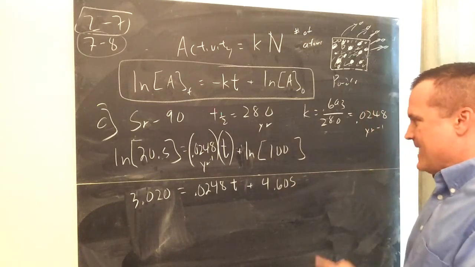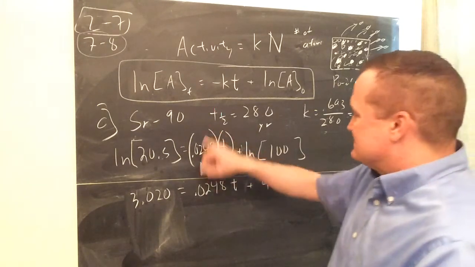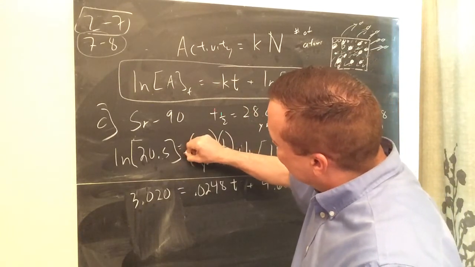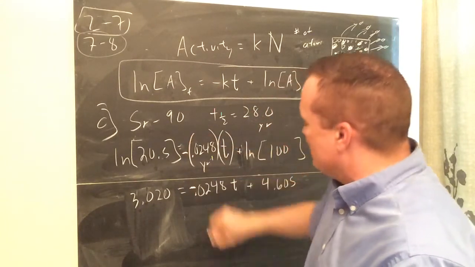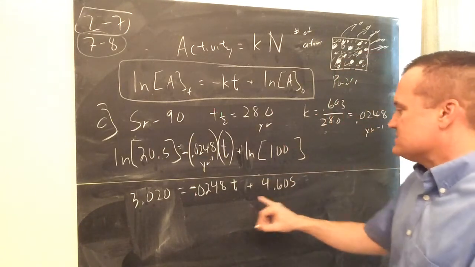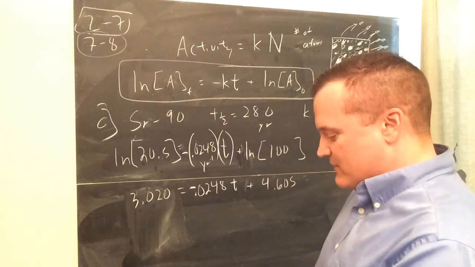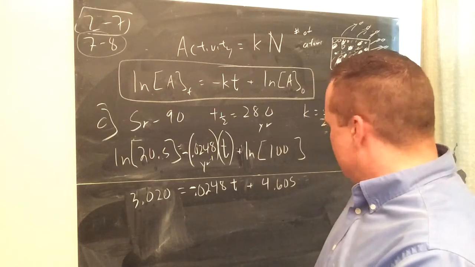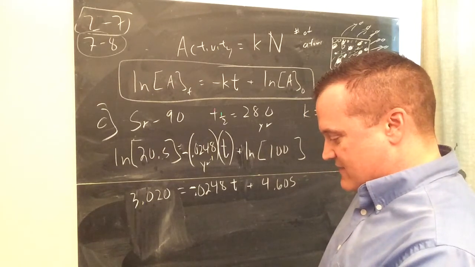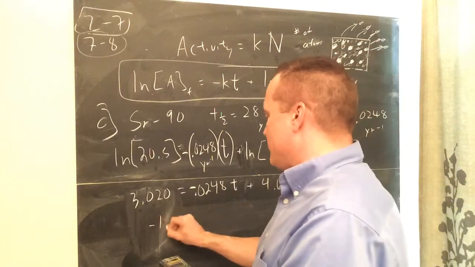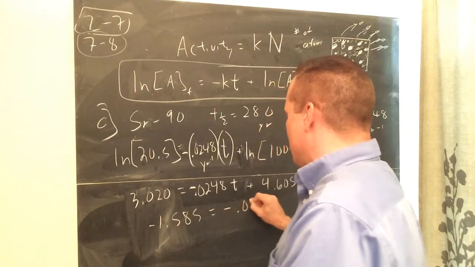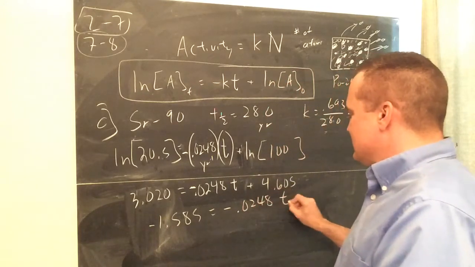Okay, now, by the way, in my equation, that's negative. I don't want to mess myself up. Negative 0.0248t equals that. So now I'll subtract 4.605 from both sides. 3.020 minus 4.605 gives you negative 1.585 equals negative 0.0248t.